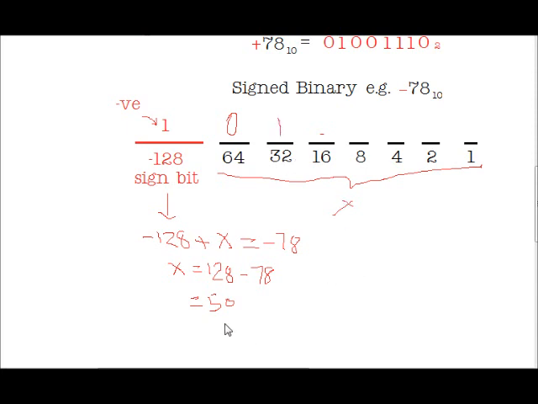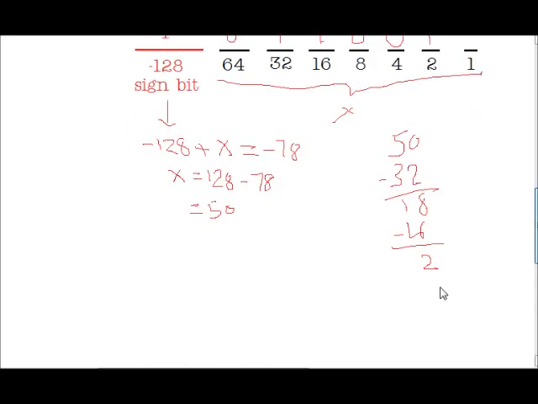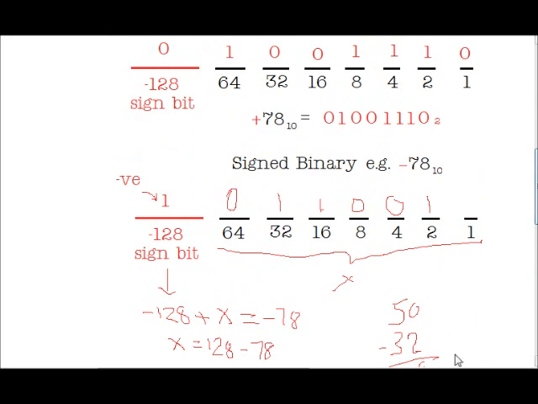So if you have 50, like before, you take your 32, you subtract it, and what's left is 18. 16 can go into 18, so you put a 1, and what's left is 2. 8 cannot go into 2, neither can 4, but 2 can go into 2, which gives you a balance of 0. 1 cannot go into 0, so it's a 0.